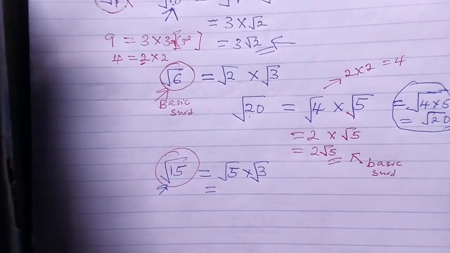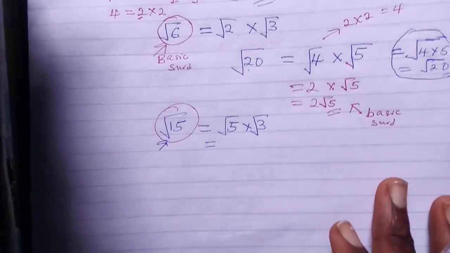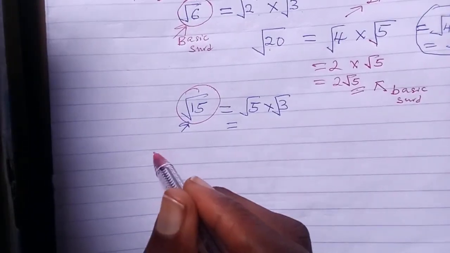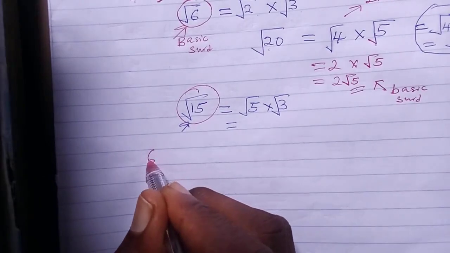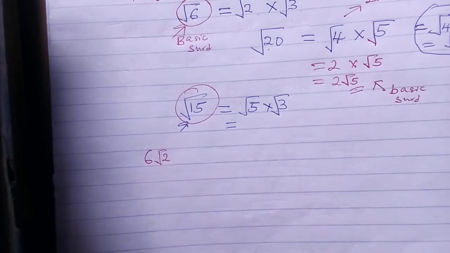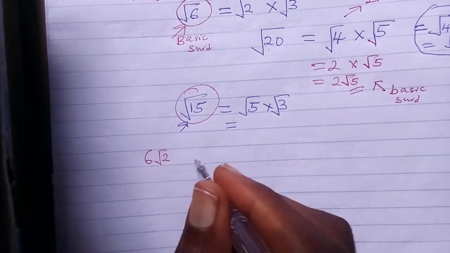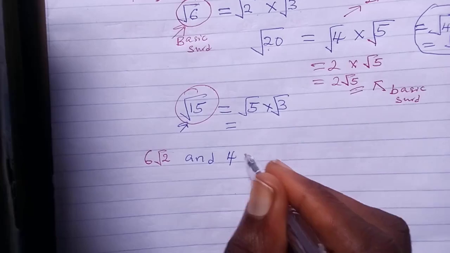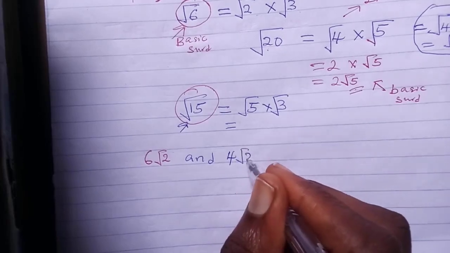All right. So now, how do I identify similar surds? Now let's look at similar surds. Surds are similar if the irrational parts contain the same number. Now look at this surd. If you have a surd like 6 root 2, let's compare with another surd, let's say 4 root 2.